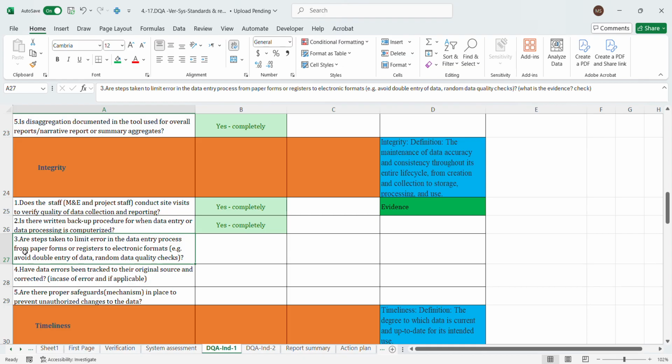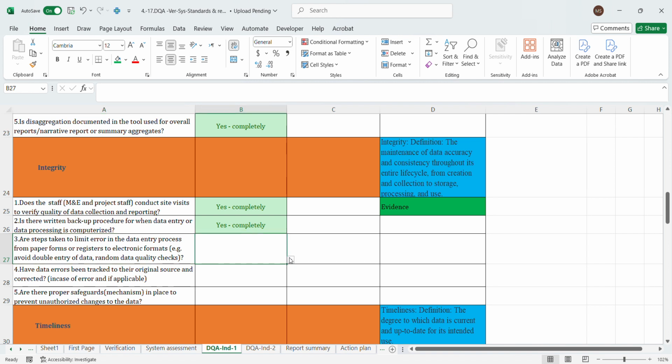The third one is, are steps taken to limit error in the data process from paper form or register to electronic forms? For example, avoid double entry of data and do random data quality checks.